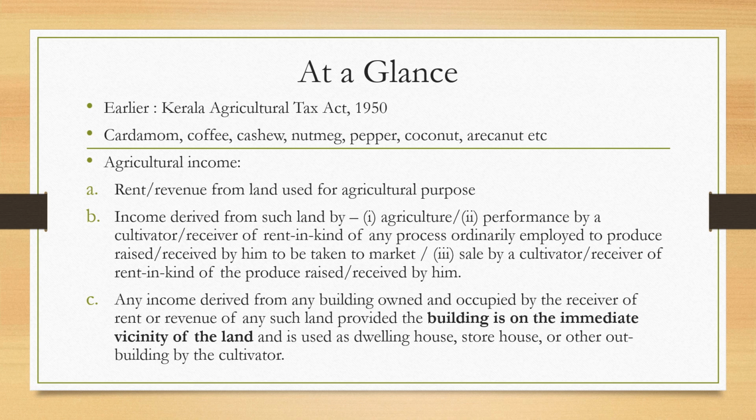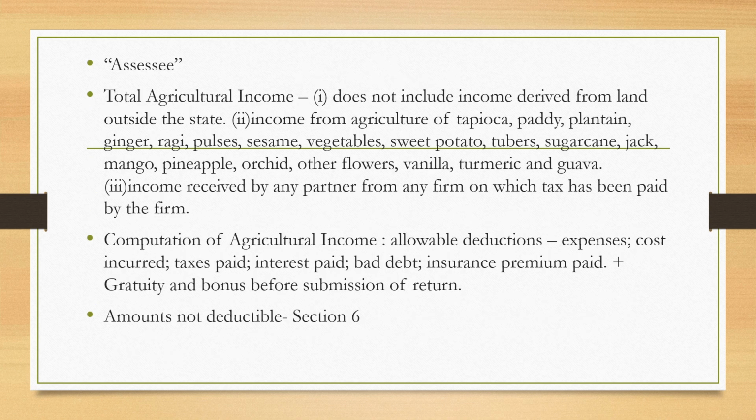So, revenue from any of these, that is, either by agriculture or as rent in kind, from the land or by doing any process ordinarily done for making the crop marketable, or from the rent of a building used as a storehouse or dwelling house, provided it is in the vicinity of the agricultural land. So any income from any of these will be brought under agricultural income.